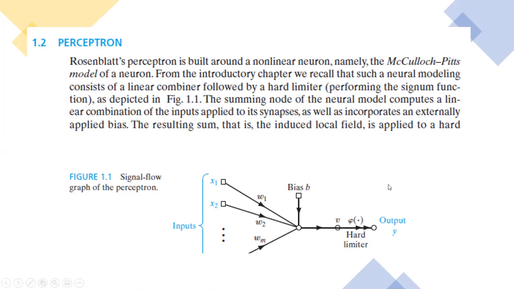We can also say it is a McCulloch-Pitts neuron. It is the same process here: x1, x2 up to xm is the input matrix, and we are feeding the input layer with many inputs. Every interconnection has corresponding weights, and all these dot products are summed at the linear combiner.